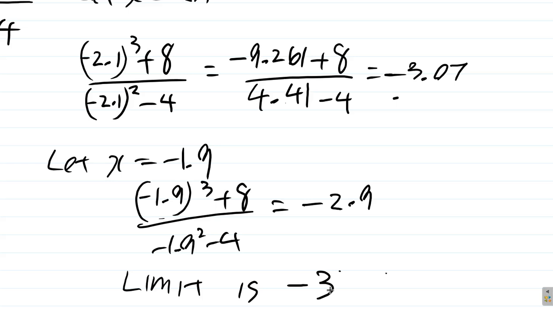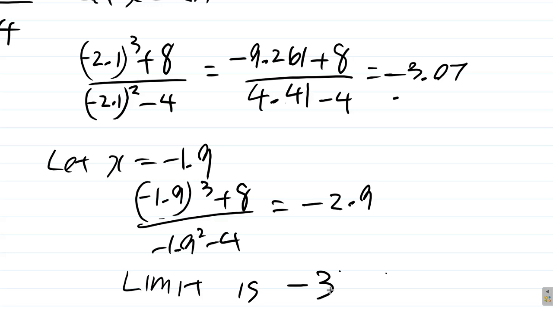So, one way to test the limit, unless you're told otherwise, is to use a value that gets closer and closer to x. So, you didn't really need to use the sum of cubes identity.